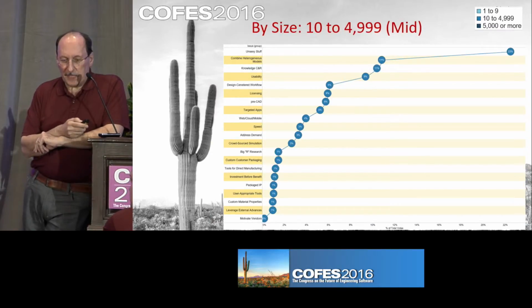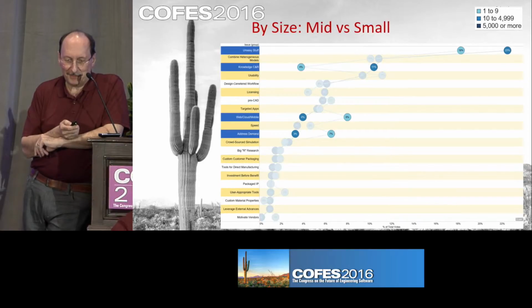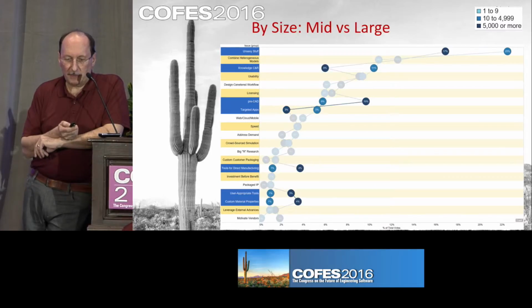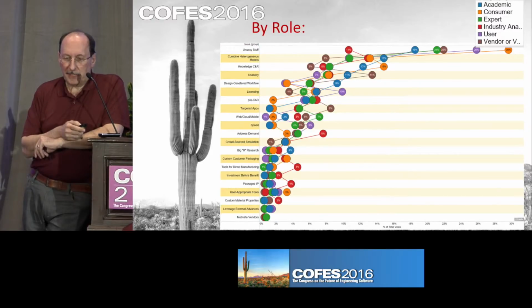Now, we can also look at it by size. Here we have mid-sized firm, which we defined as 10 to 5,000 people. Again, the top two don't change. And then we can look at that compared to small firms, under 10 people, or we can look at that compared to large firms. We can also look at them by role.